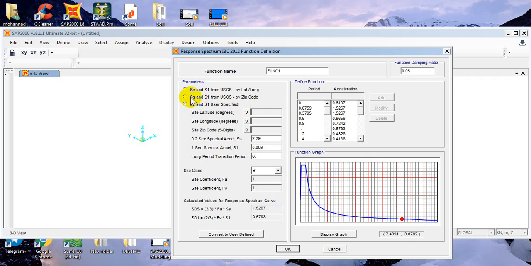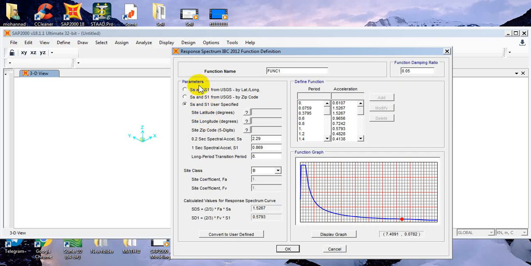The second option doesn't differ from the first: here it is expressed by latitude and longitude, while there it is expressed by zip code. But the third, for S sub s and S1, has geological factors that can be studied in the section of geology.